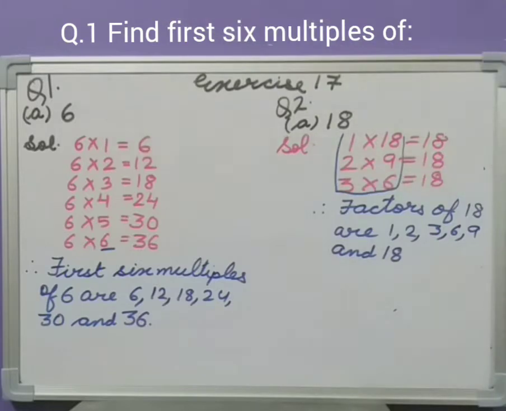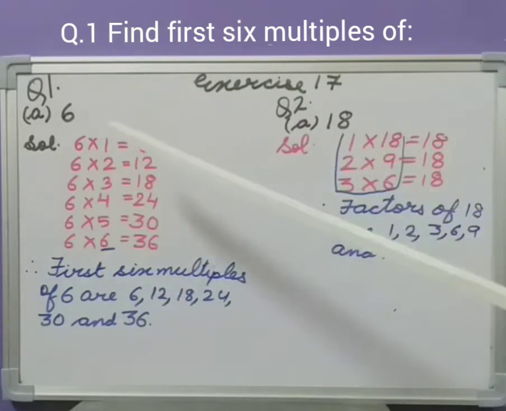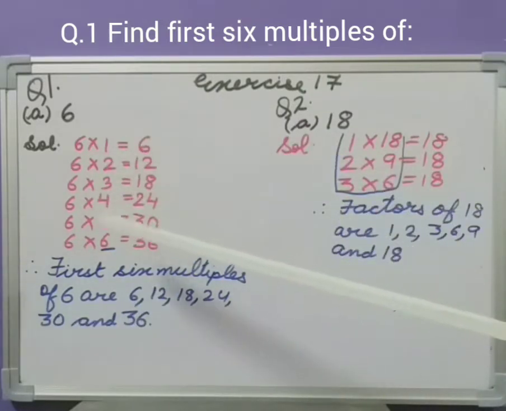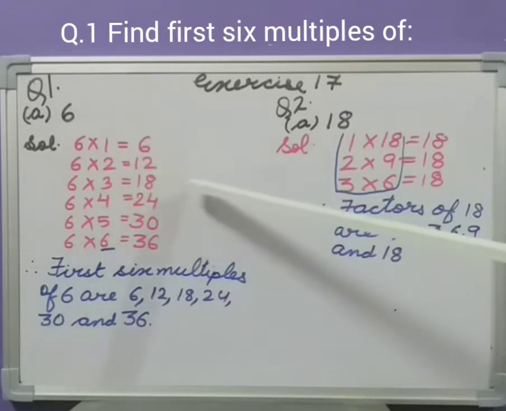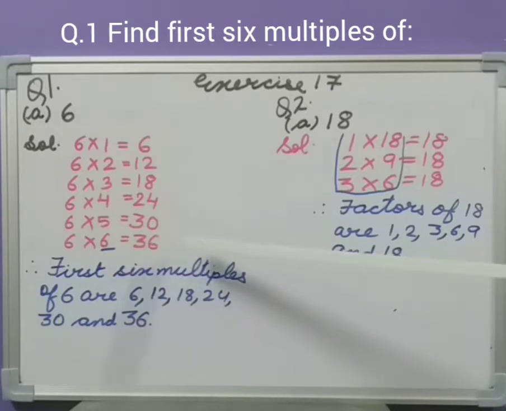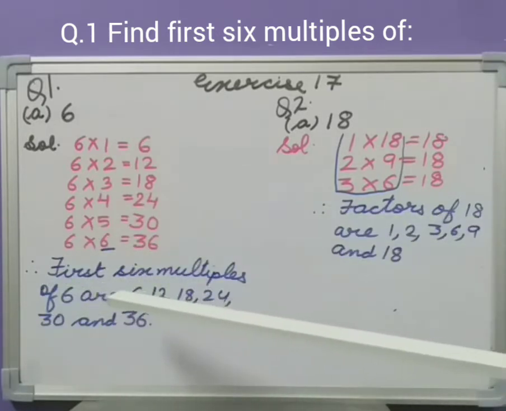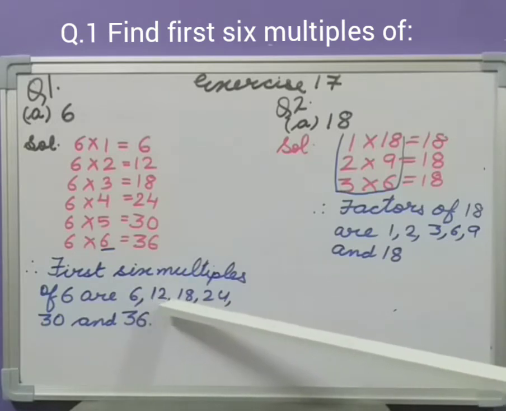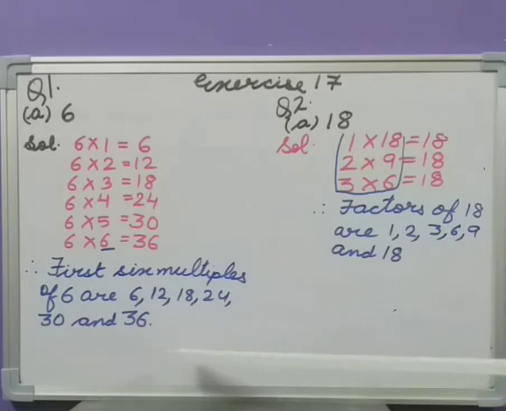It can be a product of any 2 numbers. But the question is asking first 6 multiples. So, we need to multiply it by 1, 2, 3, 4, 5 and 6. 6 1s are 6, 6 2s are 12, 6 3s are 18, 6 4s are 24, 6 5s are 30, 6 6s are 36. Therefore, first 6 multiples of 6 are 6, 12, 18, 24, 30 and 36.